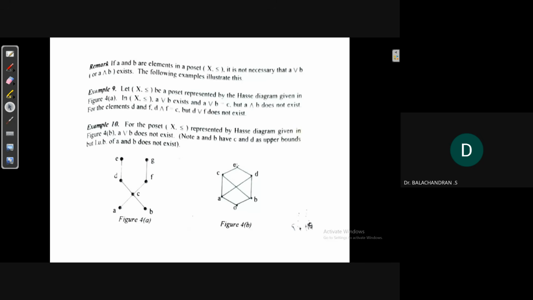C, D, E. But among C, D, E, you cannot tell which one is least because there is no comparison between C and D. So that's why the least upper bound of A and B does not exist. Note, A and B have C, D, and E as upper bounds, but there is no comparison between C and D.